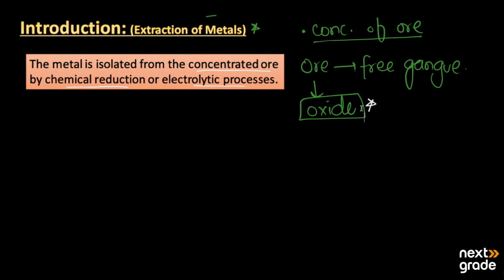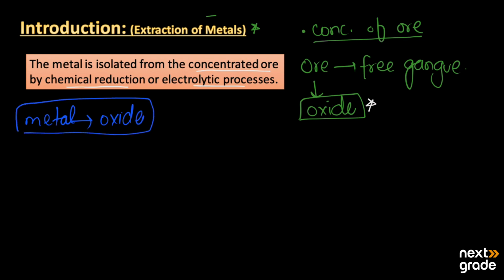So, how do we convert the concentrated ore to its oxides or simple products? Basically, it is much easier to extract or separate the metal from the oxide.